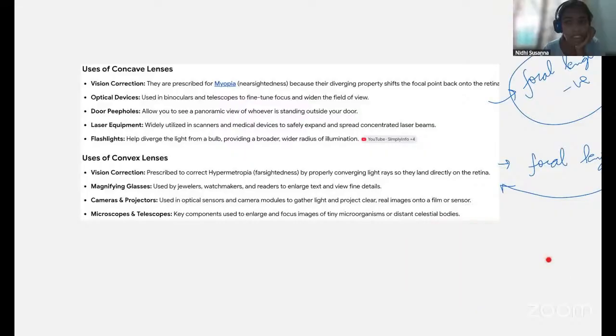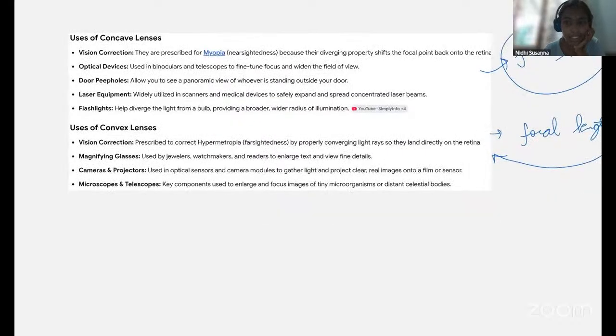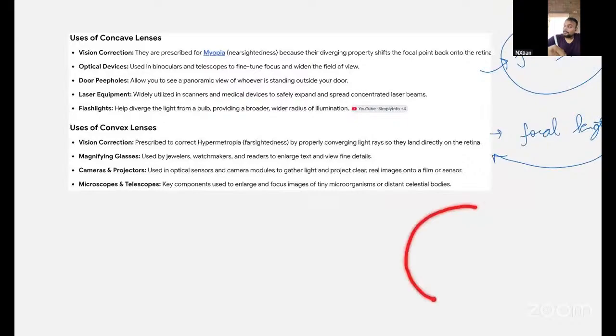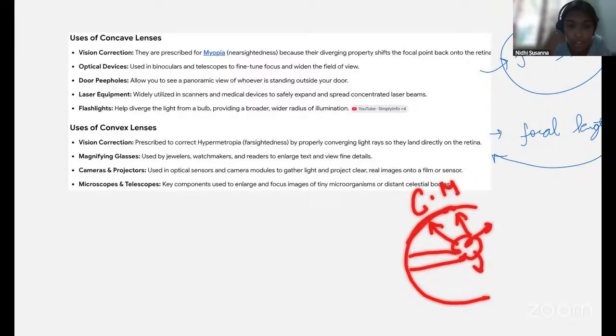The diagram you just made, I don't understand a single thing. See, this is a bulb. This part is a concave mirror. Why is the concave mirror there? For example, the bulb emits light in all directions.